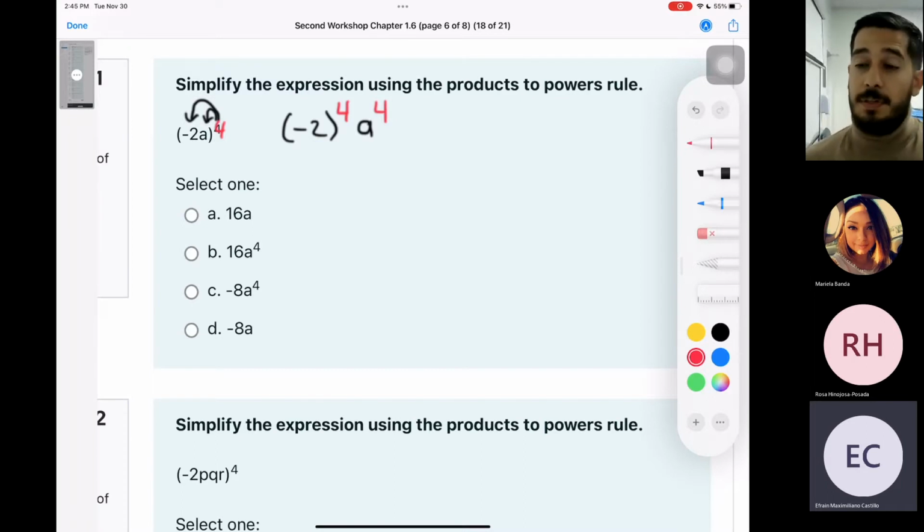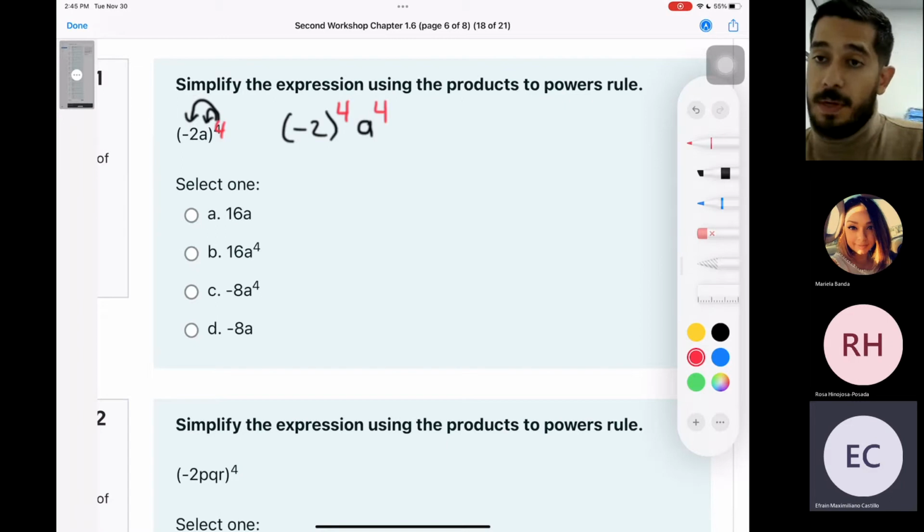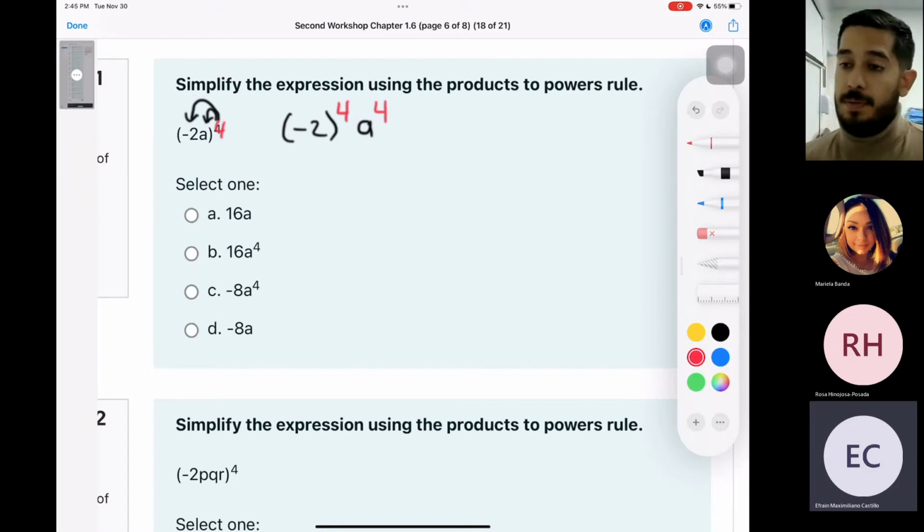You give that exponent to every single thing that you have inside. This is called the powers rule, or the powers to products rule. If you have an exponent outside the parentheses, that exponent goes to every single thing inside the parentheses. It's in essence the same thing as saying it applies to what's in front of it, which is the parentheses.